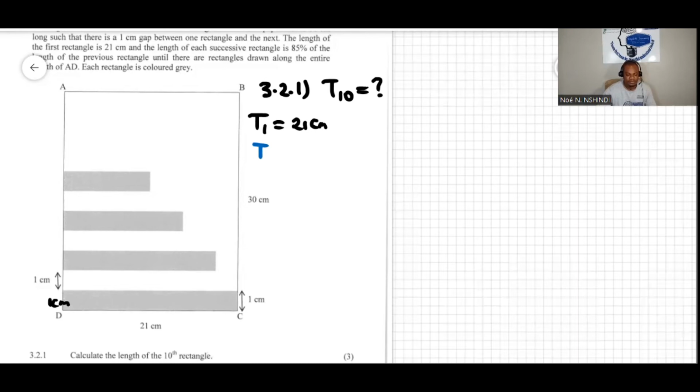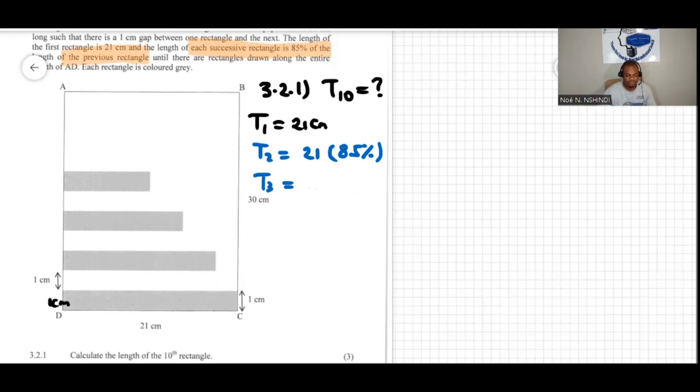T2 will be 21 centimeters times 85%, and then T3 will be T2 times 85%, because over here it is said that each successive rectangle is 85% of the length of the previous rectangle.